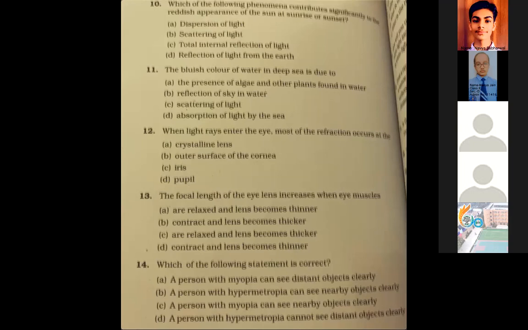Because of change in the densities of the medium, डेंसिटी चाहे रेयर से डेंसर हो चाहे डेंसर से रेयर हो, डेंसिटी चेंज हो रही है या मीडियम चेंज हो रहा है. अब देखो एटमॉस्फेयर से लाइट एंटर कर रही है आपके आईज में, which is a different type of structure. It is not a gaseous structure. गैसियस मीडियम से लाइट एंटर हो रही है आपकी आंखों में, वो एक सॉलिड स्ट्रक्चर है.